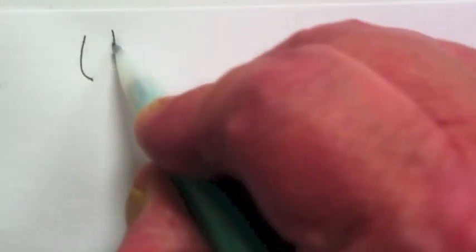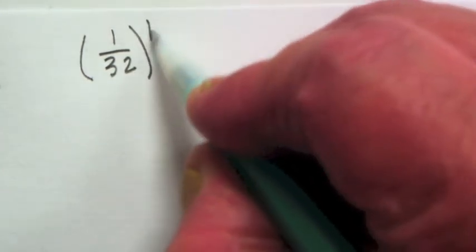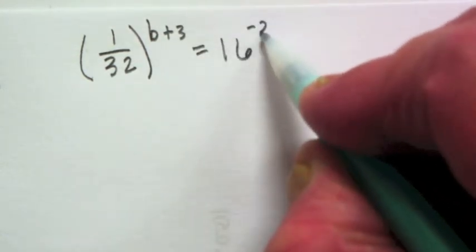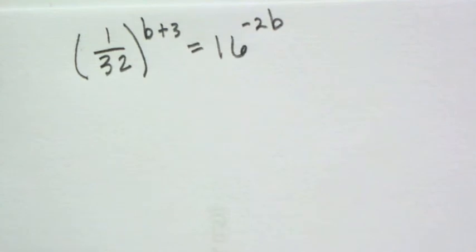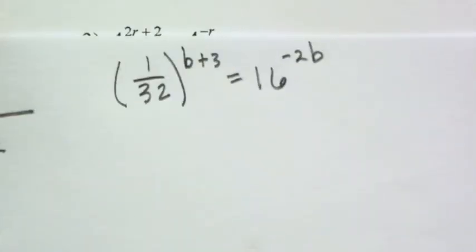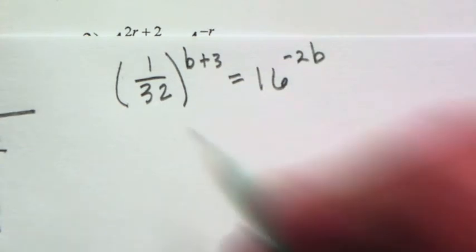If we go over here, the original equation was 1 over 32 to the b plus 3 is equal to 16 to the negative 2 times b. Now we saw and said b was 5. So what I'm going to do is plug in the 5.